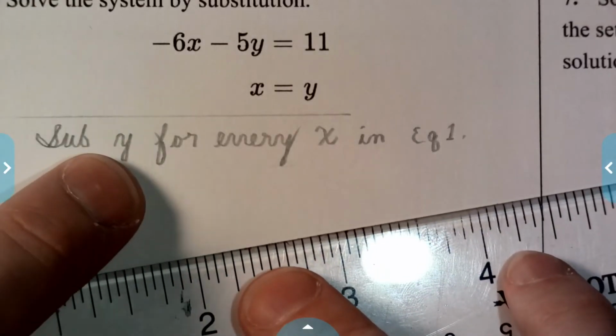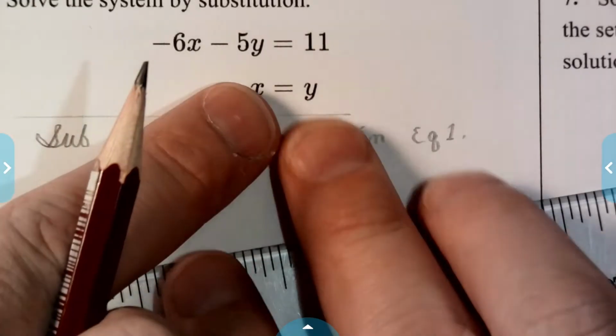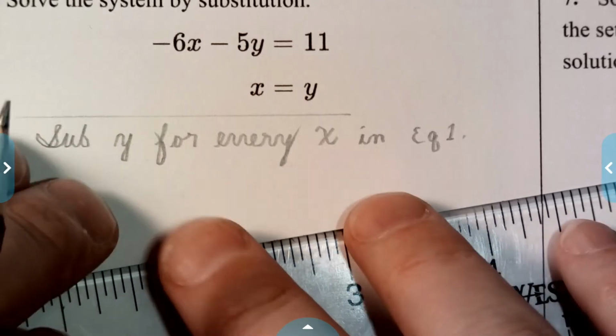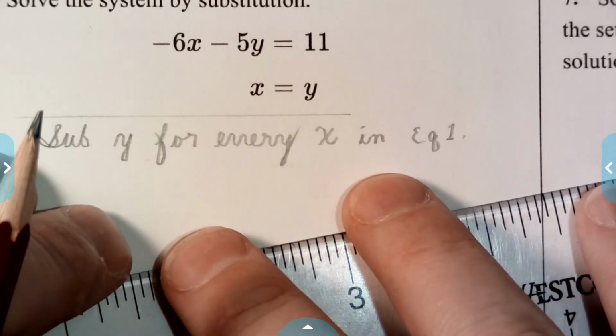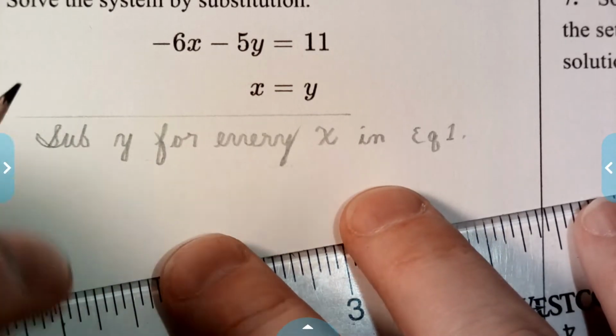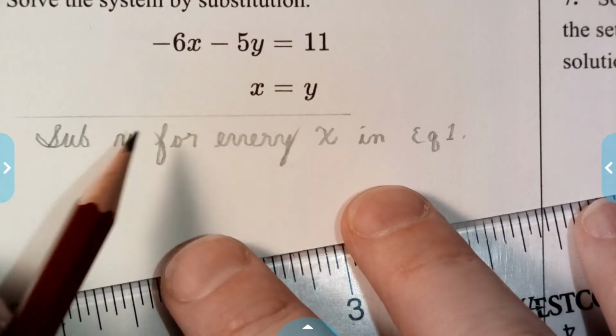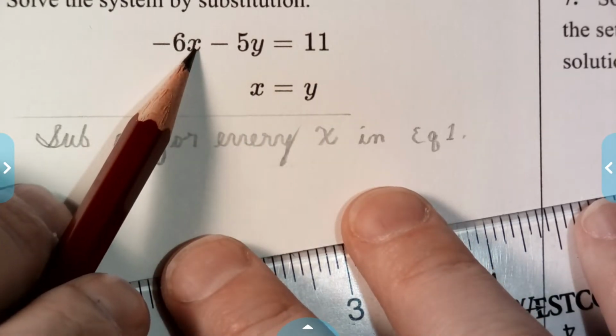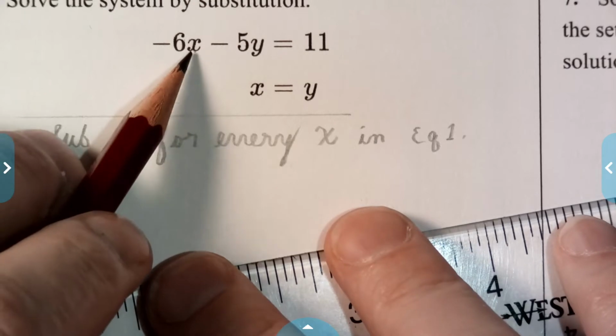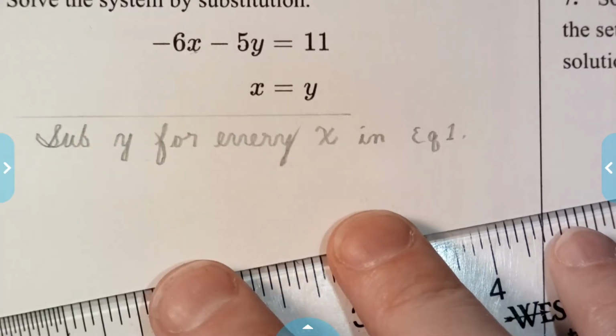We're just going to plug in a y, because x equals y. This is almost such a simple problem that it might confuse you. But since x equals y, I'm just going to place y where I see an x, like right there. There's only one place, so I wrote every x, but there's just one.